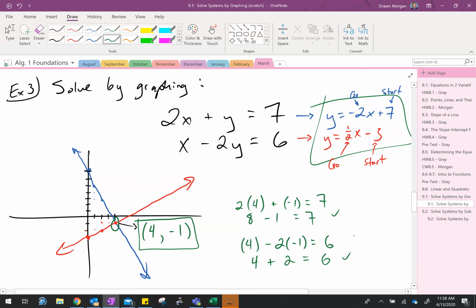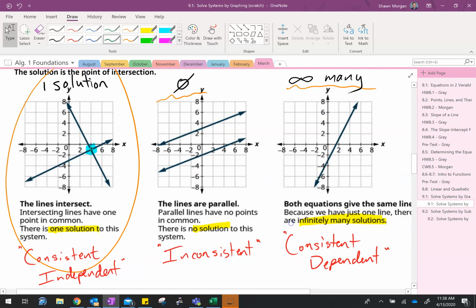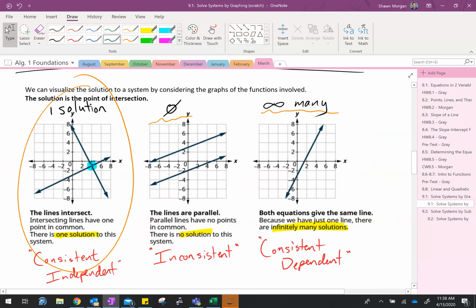So I hope this has been a helpful video for you on how to solve systems of linear equations by graphing. Once in a while, as I mentioned, you'll come across a system where the lines don't intersect.